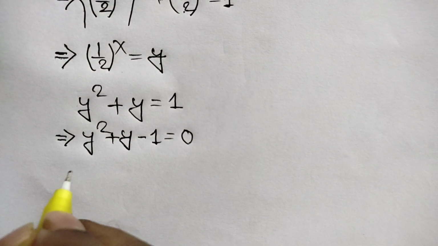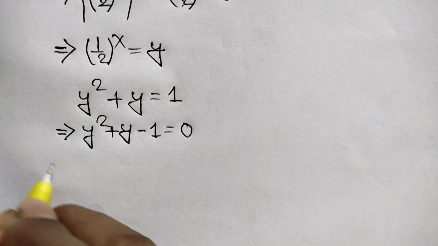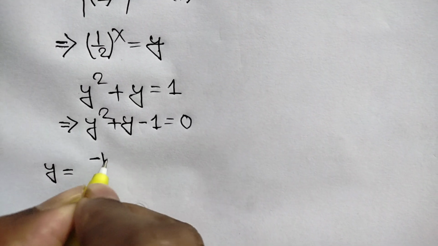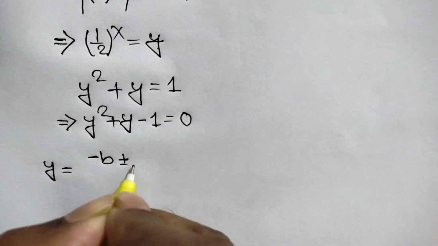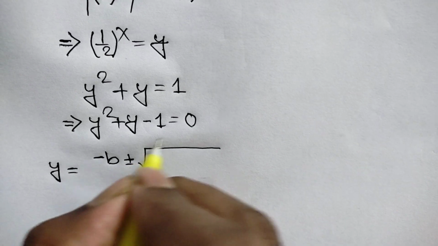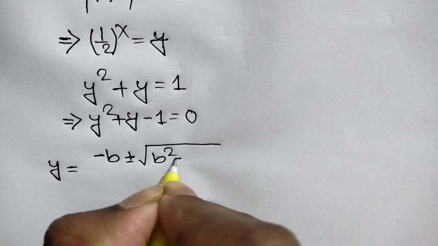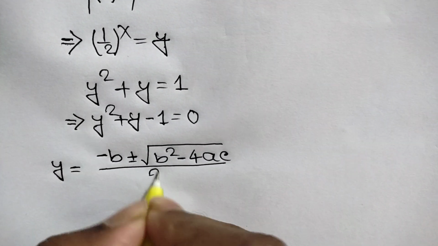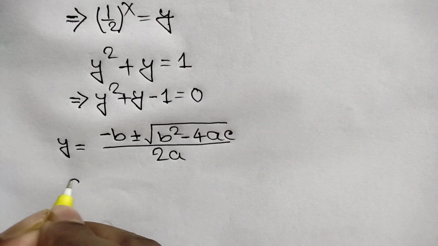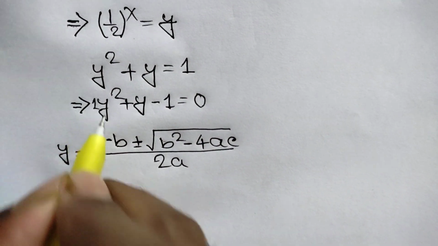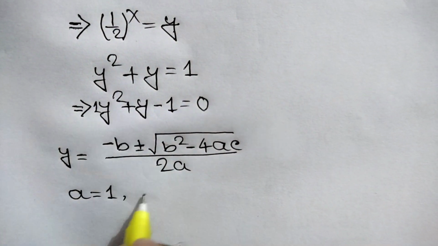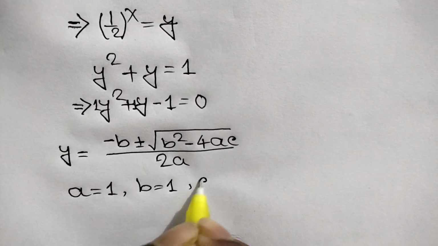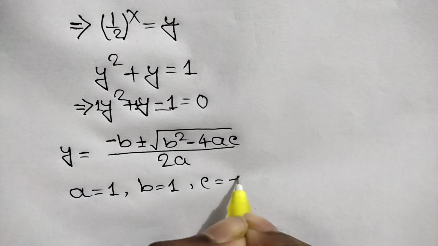Now here we can apply the quadratic formula, so we can write y is equal to negative b plus minus square root of b square minus 4ac over 2a. Here a is equal to 1, b is equal to 1, and c is equal to negative 1.